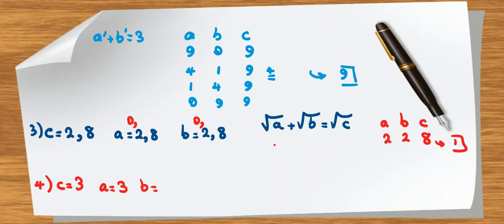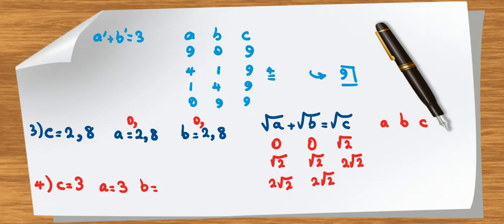Okay, so it can be 0 or root 2 or 2 root 2. Here 0, root 2, 2 root 2. And C is only root 2 or 2 root 2. So if we want to check the number of cases, A, B, C. Let's erase this.